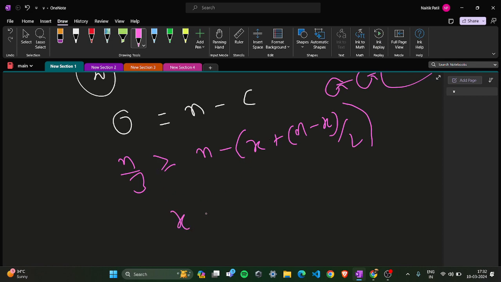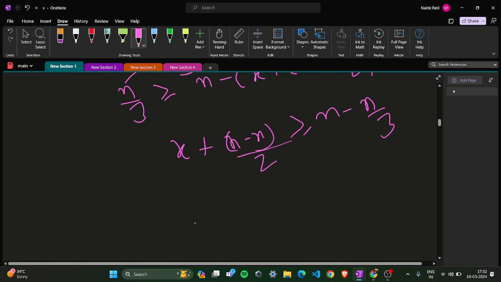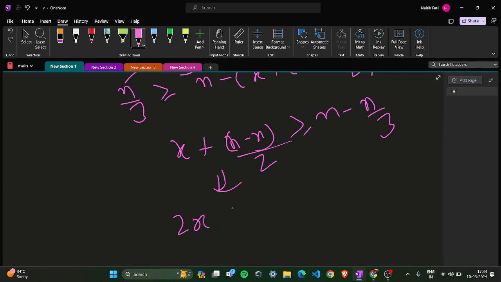So now it's x plus n minus x by 2 greater than or equal to, and moving this to here, it's n minus n by 3. So after this, 2x plus n minus x by 2 is greater than or equal to 2n by 3.